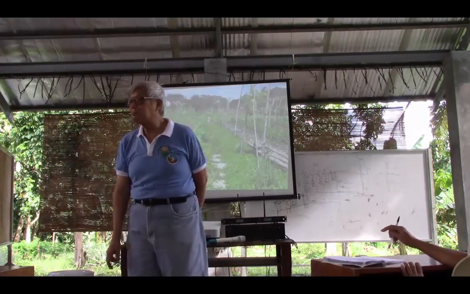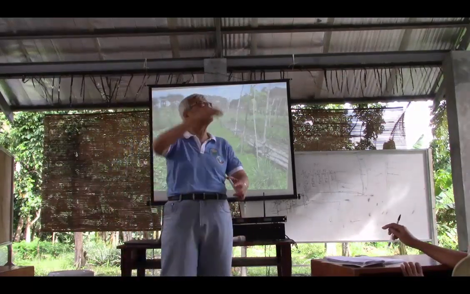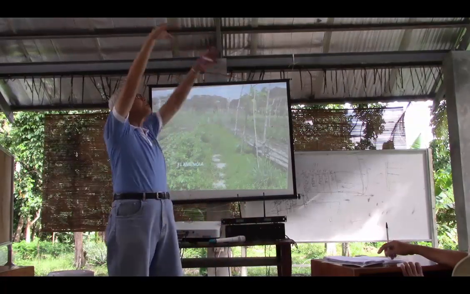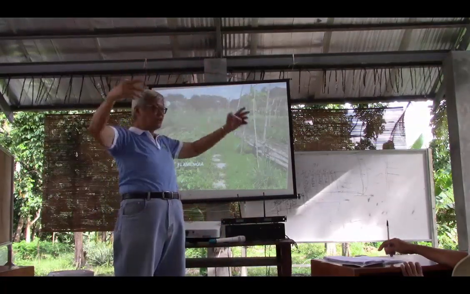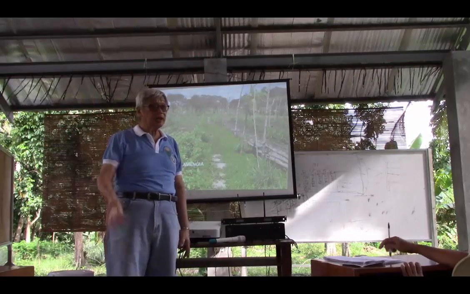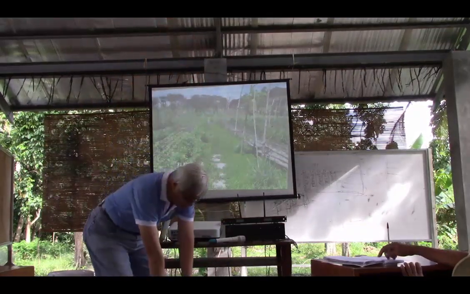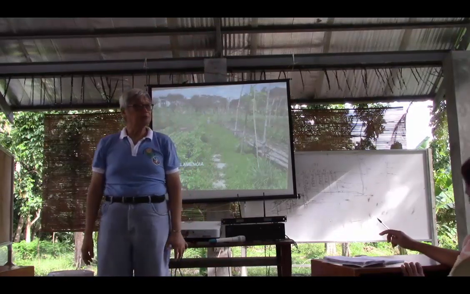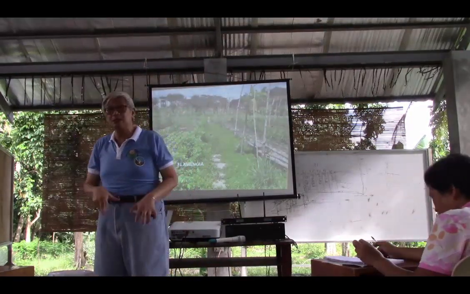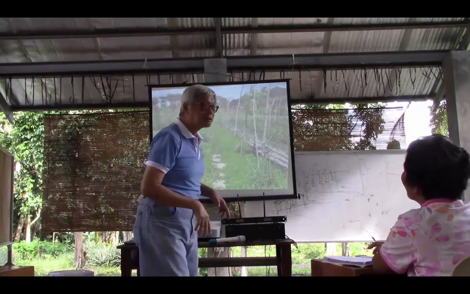7 meters. If he tills 7 meters, it means this whole soil is very soft. Air goes in and out. Water goes in deep to the ground. So when the water goes in deep, what happened?